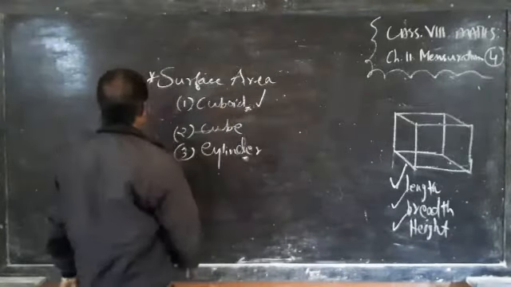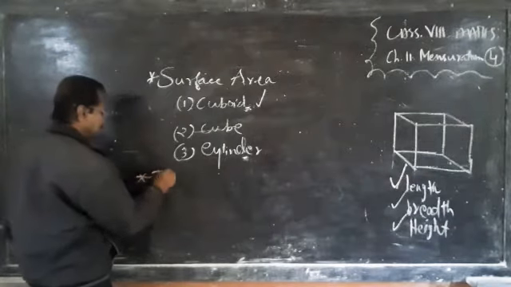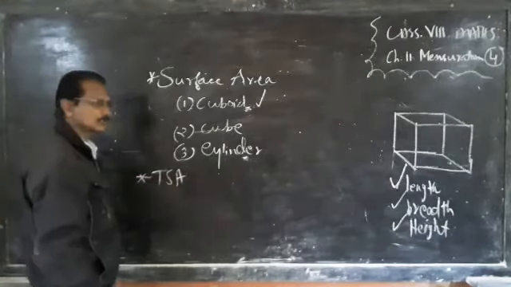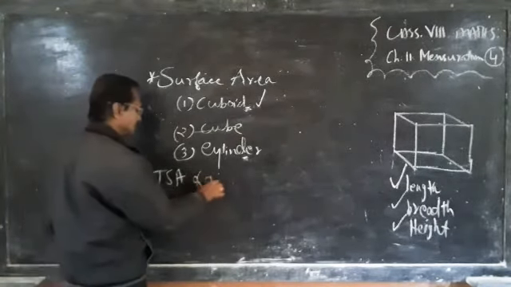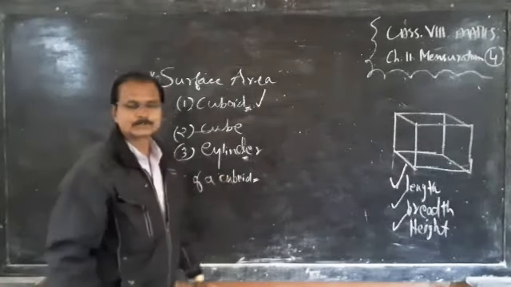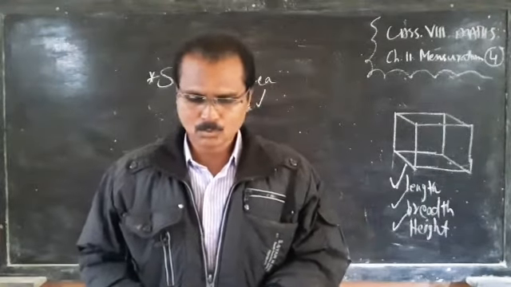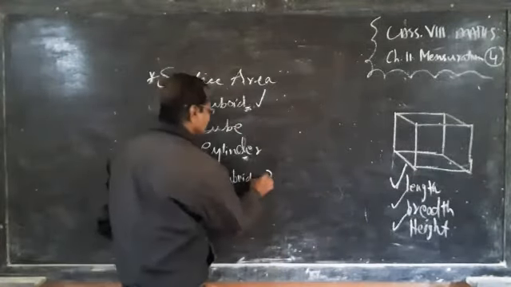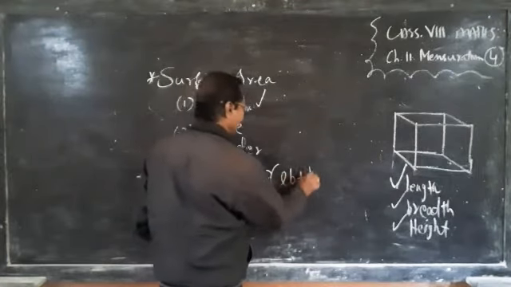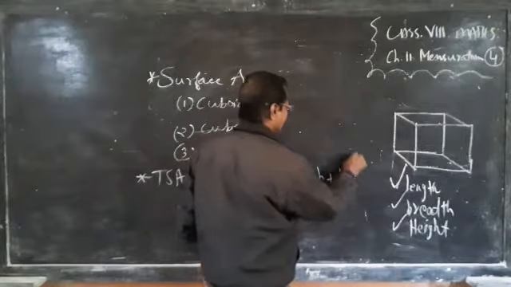So the total surface area, TSA, of a cuboid equals, you can see the formula on page number 181, 2 into (LB plus BH plus HL).